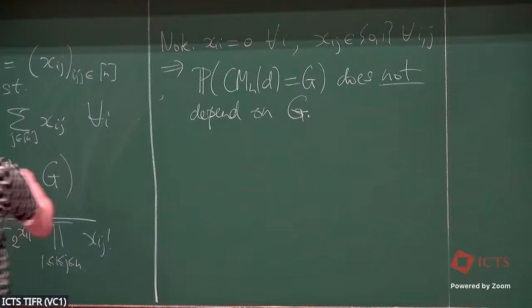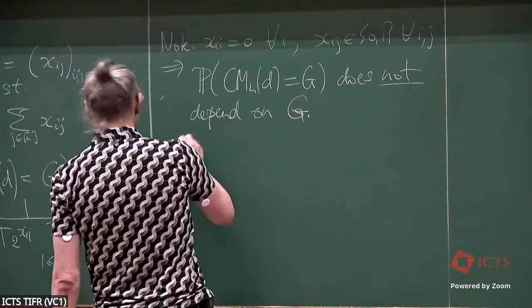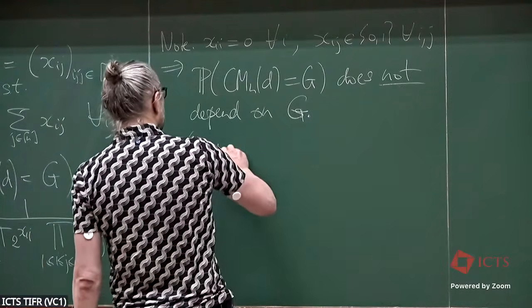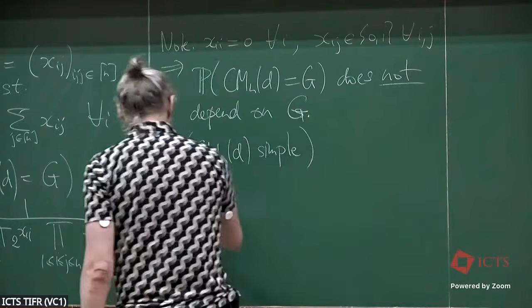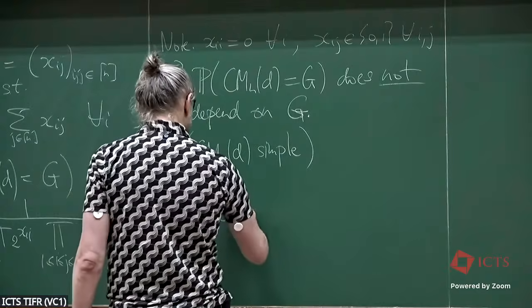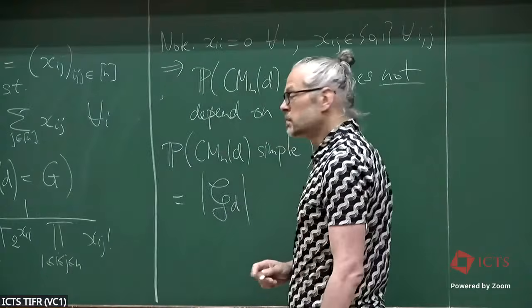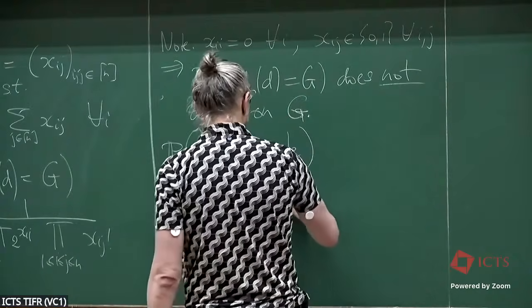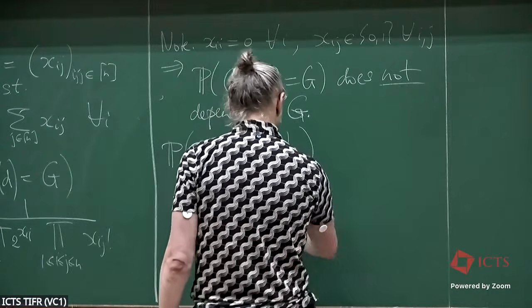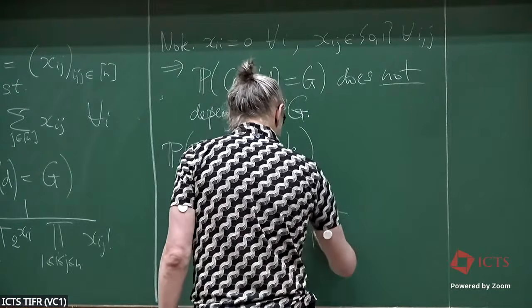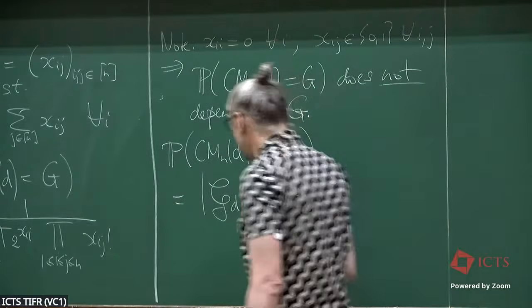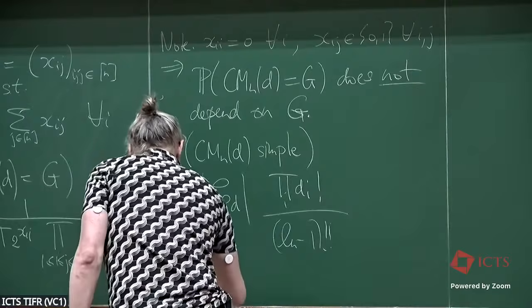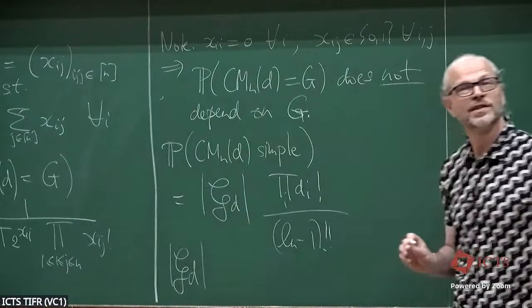So I can sum over all simple graphs, and what you get is that the probability of CM_n(d) being simple is nothing but, well, how many graphs are there times this probability. And out of that, you immediately get this, and certainly Anita had this on her slides as well.